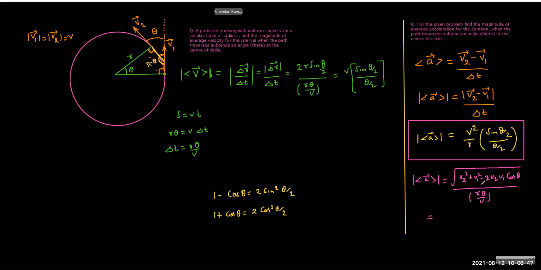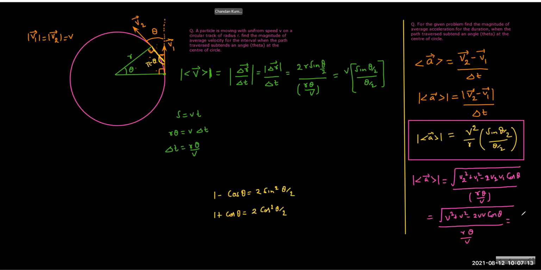And we know that all the v are the same in magnitude. They are the same because they're not different in magnitude, they're different only in direction. That's why the velocity vectors are different, not their magnitude. And so it turns out to be v square plus v square minus 2 v v cos theta.